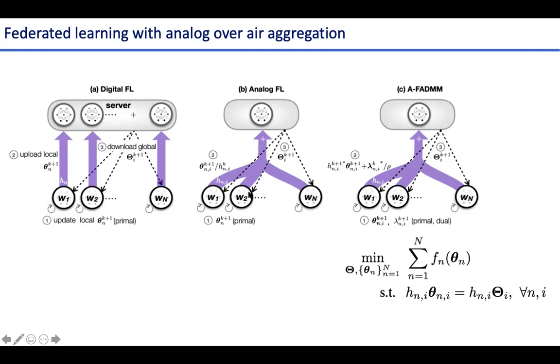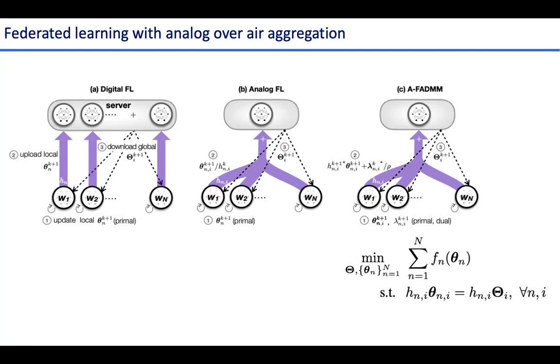But one thing I want to mention about the standard way of implementing analog is that, in order for the parameter server to receive the ith element of every worker at the ith channel, every worker needs to perform channel inversion before transmitting. And that channel inversion has its own limitation as well, because the channel could be very low.